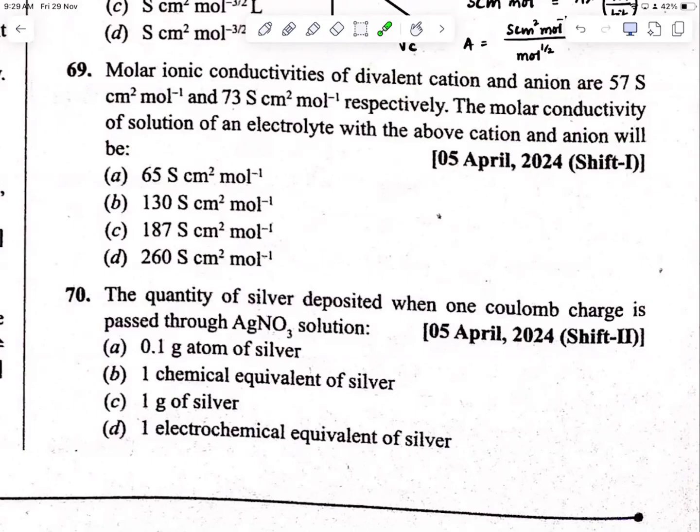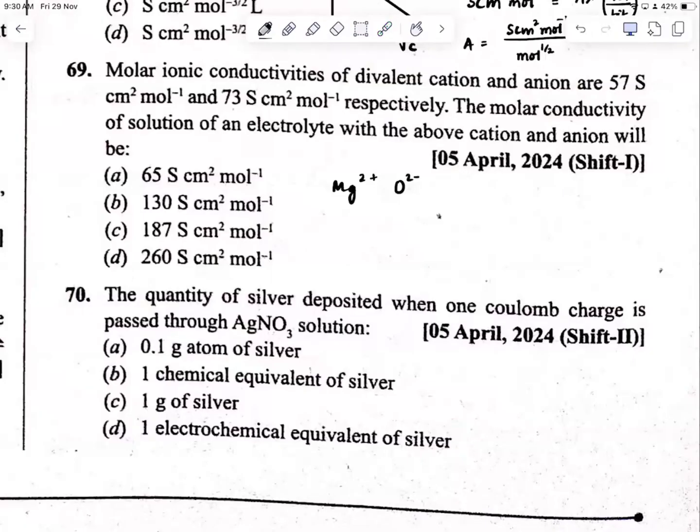Since it is not given, I would take the divalent cation as something like Mg2+ and the anion as O2-. Correct? Because he didn't say that this is a monoanion, I'm taking the same thing, a dication and a dianion.